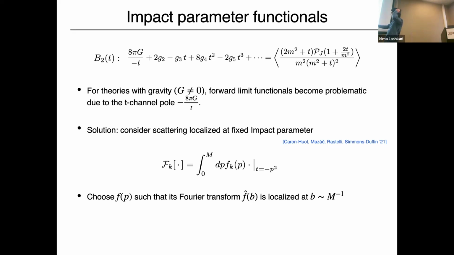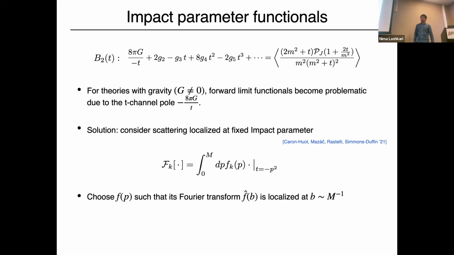You choose this function such that its Fourier transform is localized at some fixed impact parameter. If you do that, you can show the contribution of this term would just be suppressed by this scale. The idea is that you just want to suppress this term such that it won't give you divergences.